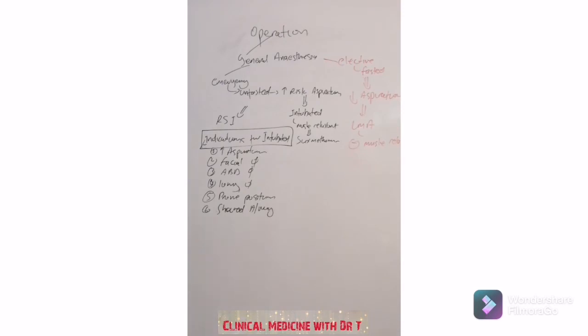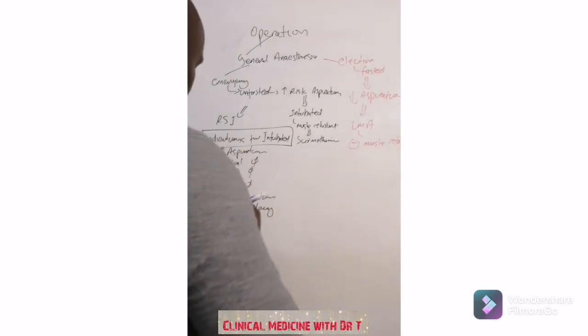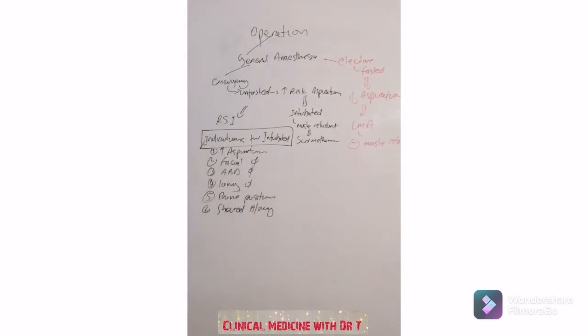So remember, you can have patients that are elective. They are not emergencies, but they still have a risk of aspiration. What other patients have a risk of aspiration?